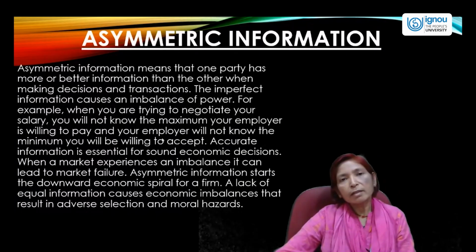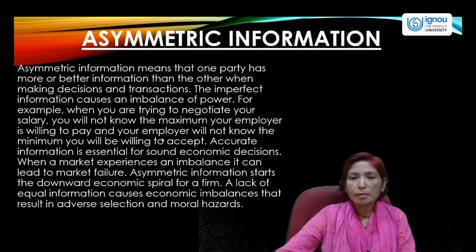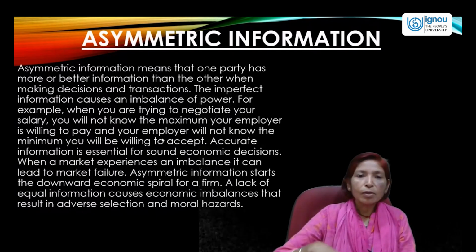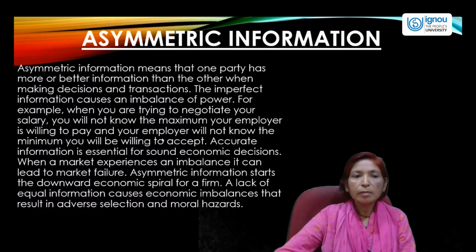The imperfect information causes an imbalance of power. For example, when you're trying to negotiate your salary, you will not know the maximum your employer is willing to pay, and your employer will not know the minimum you will be willing to accept.